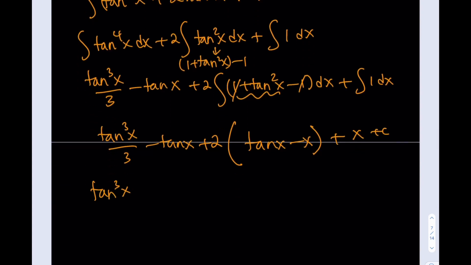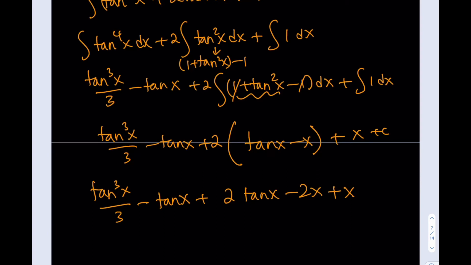Tangent cubed x over 3 minus tangent x, plus 2 times tangent x minus 2x, right? We're going to be getting a 2x there, plus x, plus x.